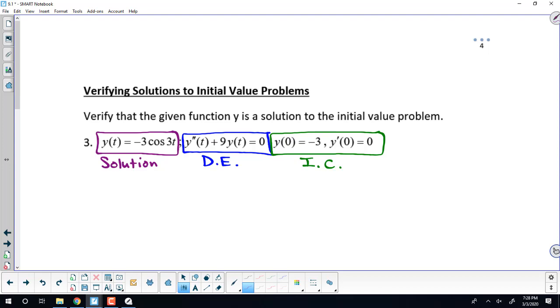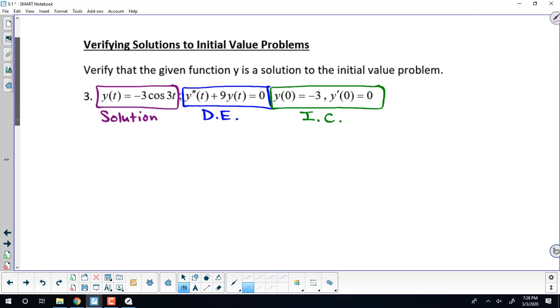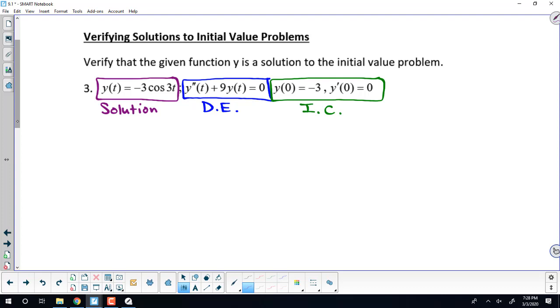Okay. So verifying, similar to how we verified previously, but you also want to verify that the initial conditions are actually true as well. So is y evaluated at 0 equal to -3?